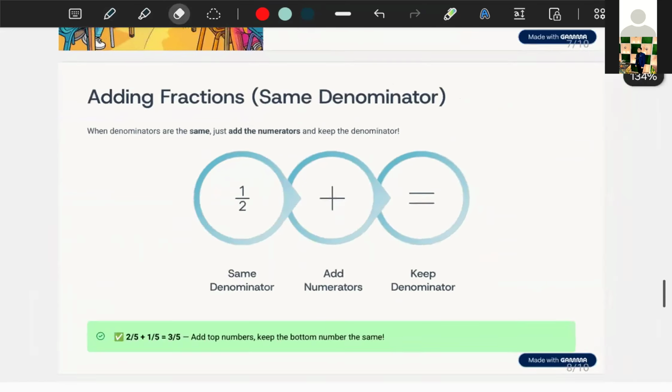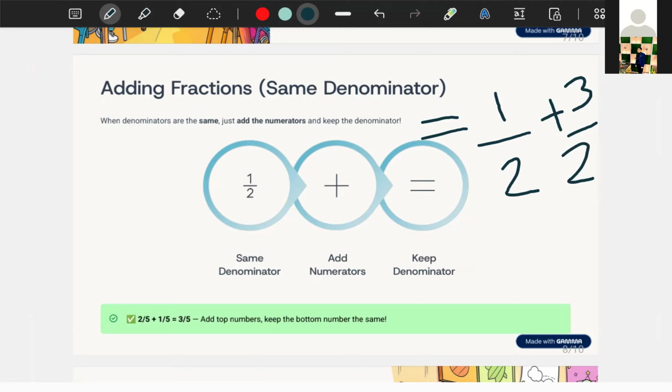Oh sorry, it is 3 by 2. So 1 by 2 has the same denominator 2 as 3 by 2. Then we can directly add the numerators. So 3 plus 1 is 4, and the denominator 2 just comes here, nothing new. We just add the numerators directly, and in the denominator just write that denominator once.